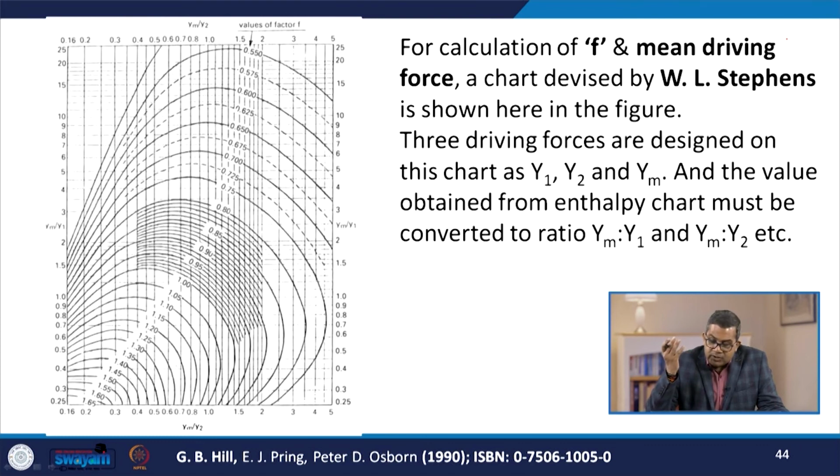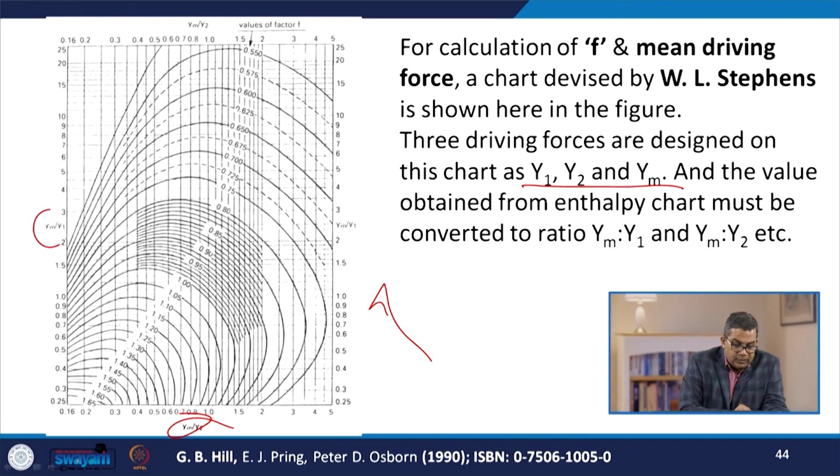Now, for the calculation of F and the mean driving force, a chart device by Stevens is shown here. Three driving forces are designed on this chart, Y1, Y2 and Ym, and the values obtained from the enthalpy chart must be converted into the ratios Ym to Y1 and Ym to Y2.